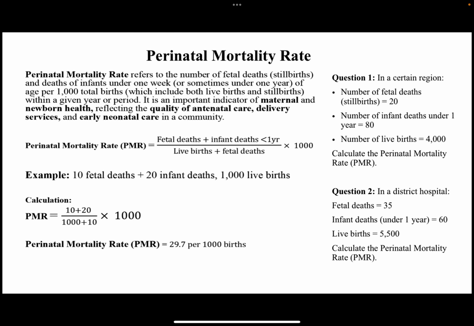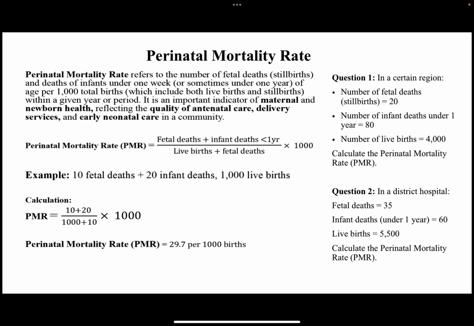Now let's do the denominator. The live births plus fetal deaths. The live births are 4,000 plus the fetal deaths again, 20. So 4,020. So 100 divided by 4,020. Then you multiply by 1,000.